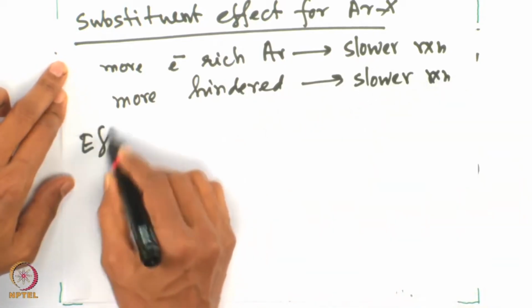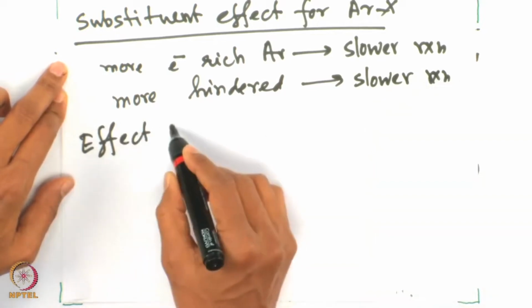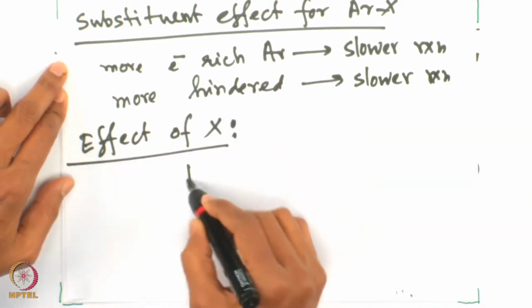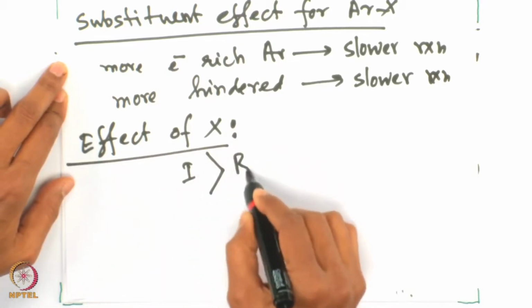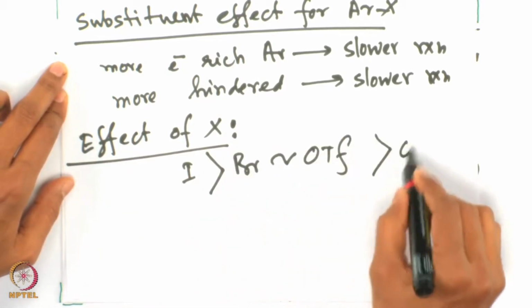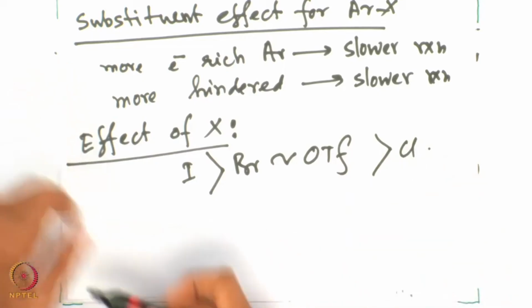And the effect of X, that is, what type of halide you have: iodo is more reactive than bromo, which is similar to OTf, and then the chloro. This is an interesting reactivity pattern, and we would say that it is consistent with oxidative addition at the organohalide reagent.